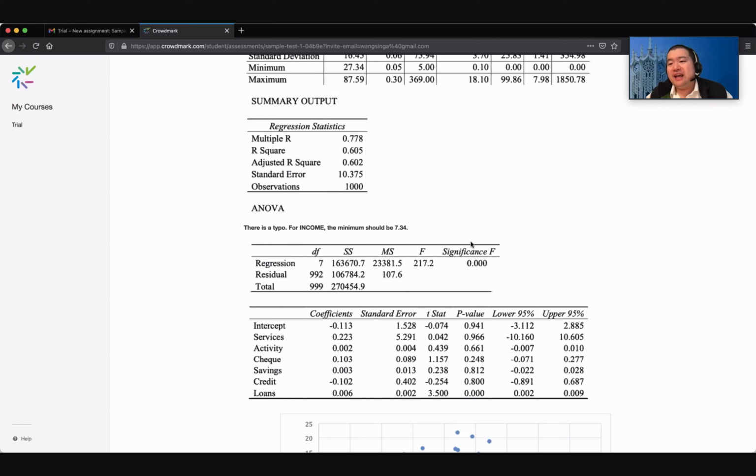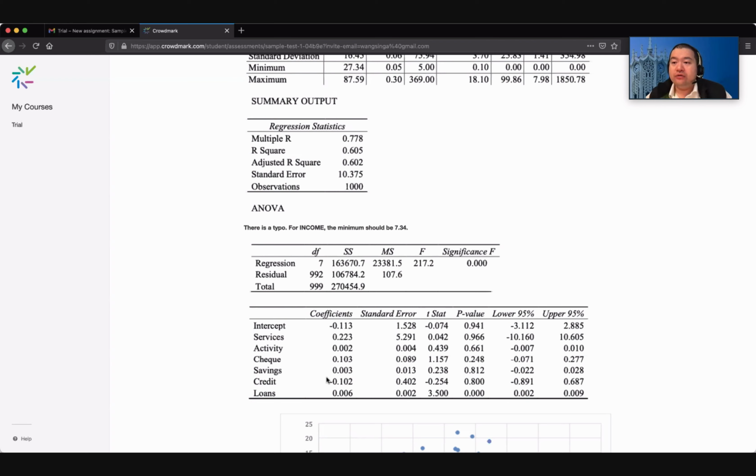The significance F actually is the p-value of the whole model, but that's for your understanding. You can say the significance F tests whether or not your model exists, or whether or not your model will be reduced to the model with only the intercept, because the significance F tests whether or not the coefficients for all of the independent variables are equal to zero.